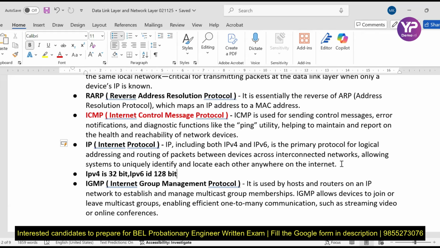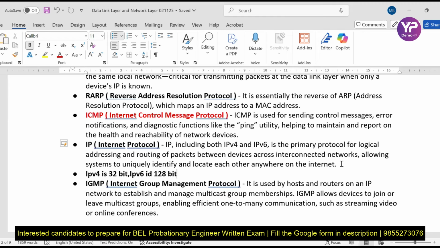Can you tell me how many different addresses I can generate with 32 bits? 2 power 32. And with 128 bits, 2 power 128, which is a very large number.